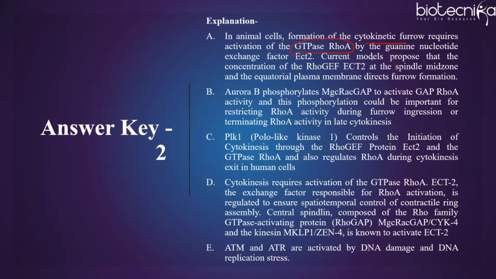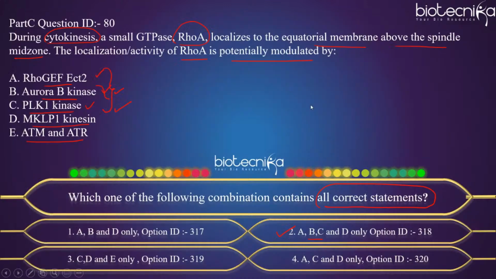With the help of the guanine nucleotide exchange factor, that is ECT2. Okay, so that is why Rho GEF ECT2 is one of the options. Okay, so that is why you see over here that A is correct. Okay, so all these proteins are there except for ATM and ATR. Okay, so first one, you got an idea what it does.